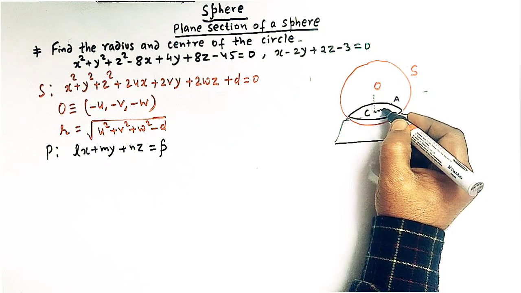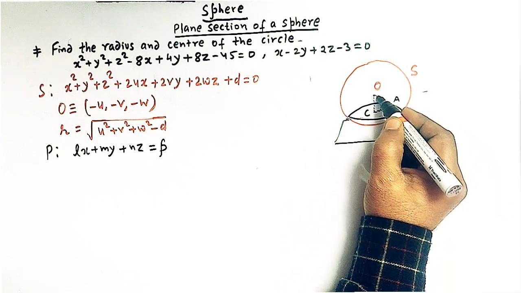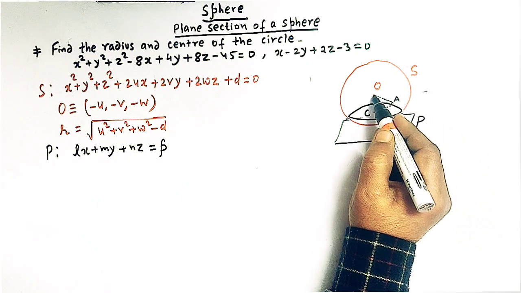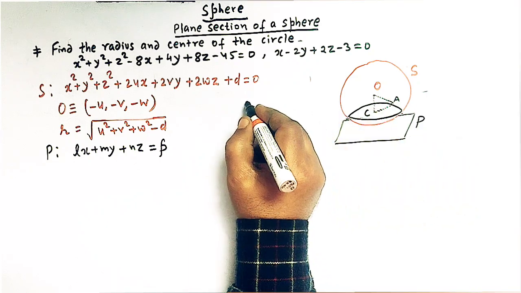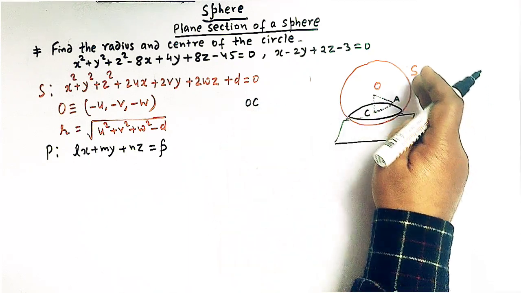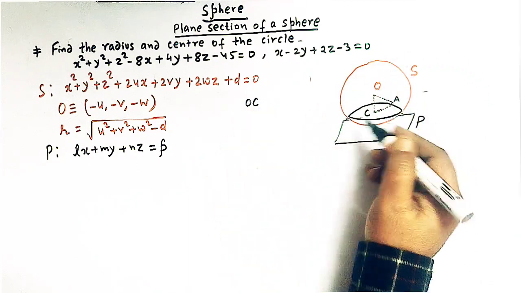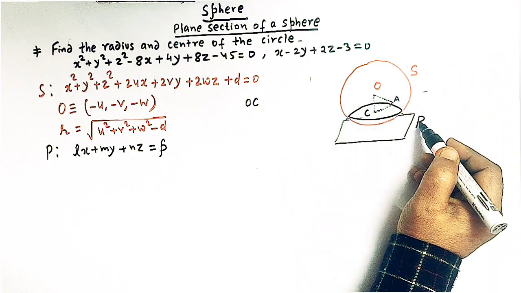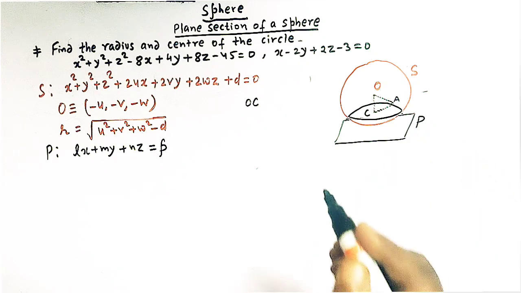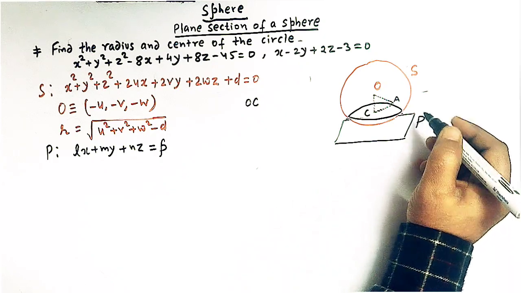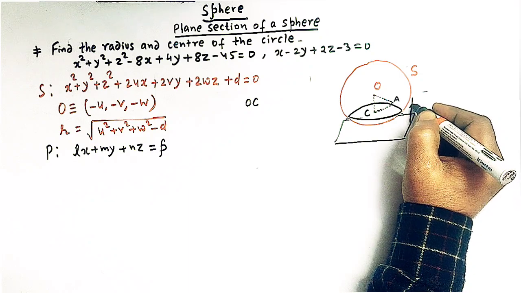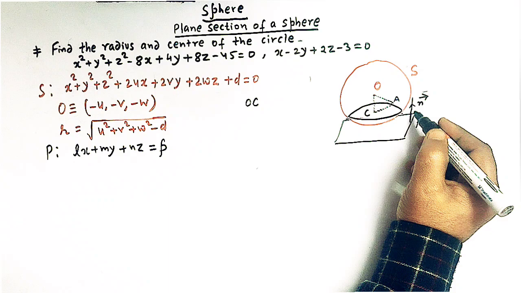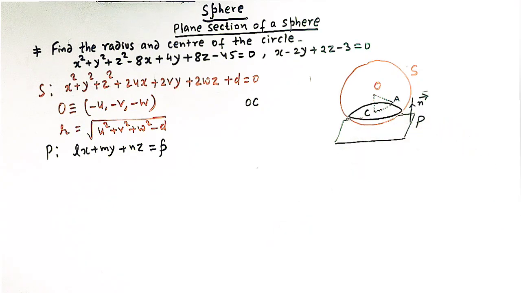Let us draw this line, that is CA, and here let us join the point O and A. Now from this figure we can see that OC is perpendicular to the plane of the circle, or in other words we can say that OC is perpendicular to this plane P. And if we draw the normal to this plane P like this, then this normal vector n is parallel to this line, that is OC.